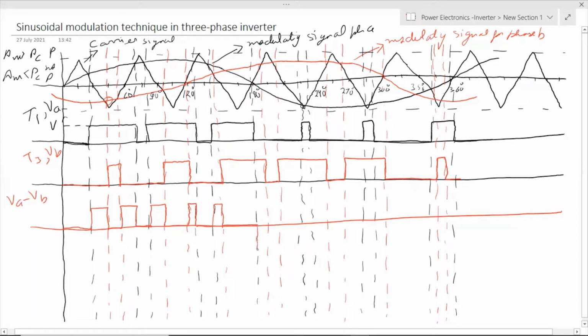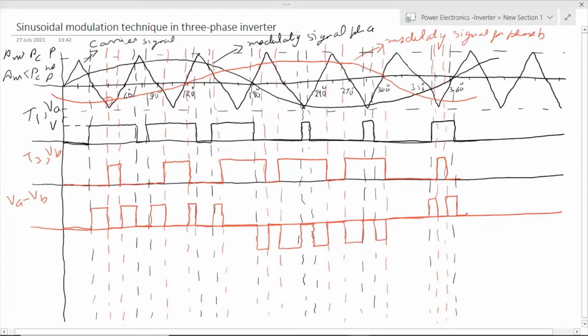So it will be negative here. Yes, negative, and then again negative, then 0, then negative, and then it goes on like this. 0, negative from here, like this.